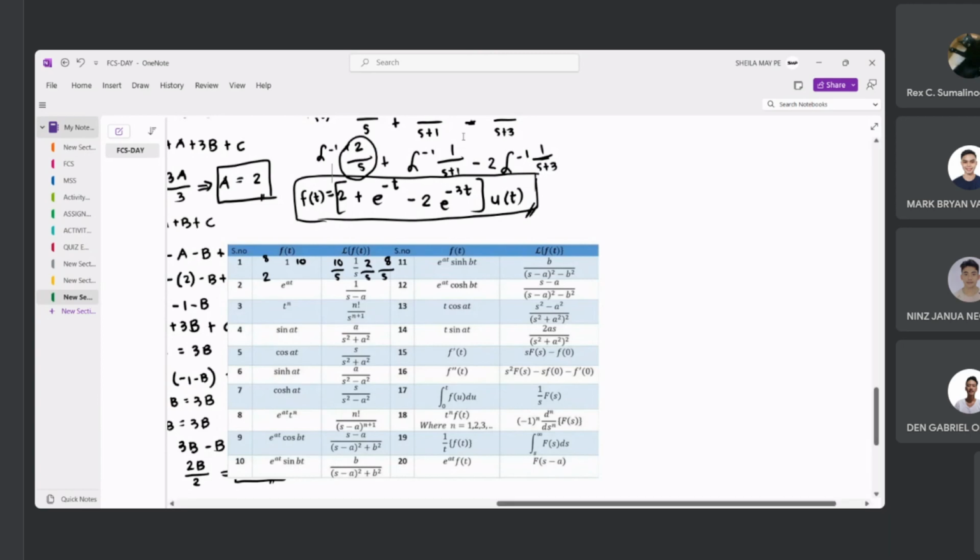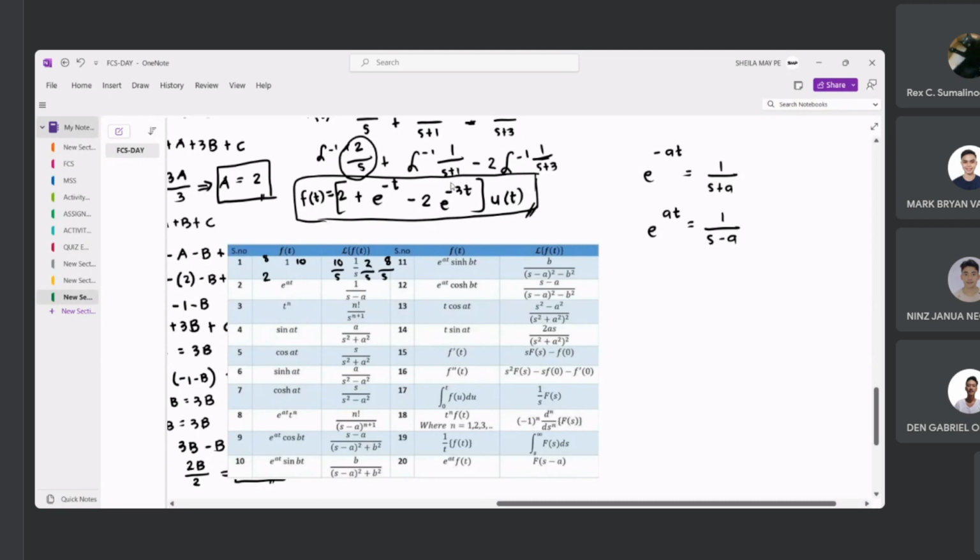And another, that's 1 over s plus 1. So this is in the form 1 over s plus a, right? For 1 over s plus a, the equivalent is e raised to the power of negative at. If it's e raised to the power of positive at, that's 1 over s minus a. Now, given here, it's s plus 1, where a is 1.